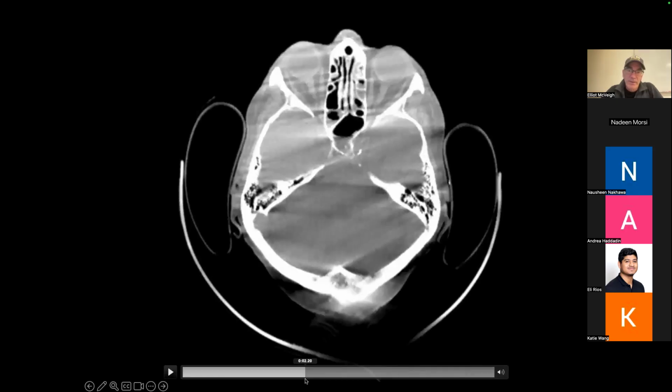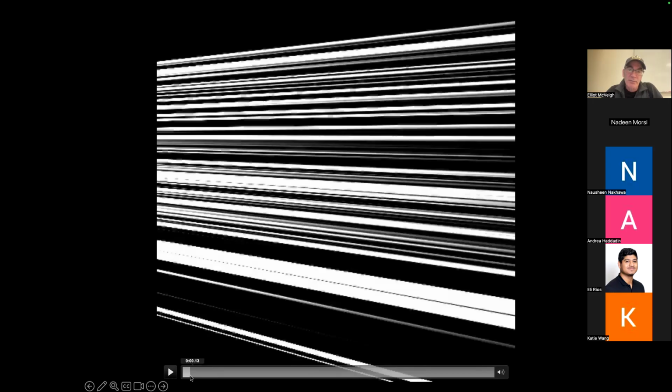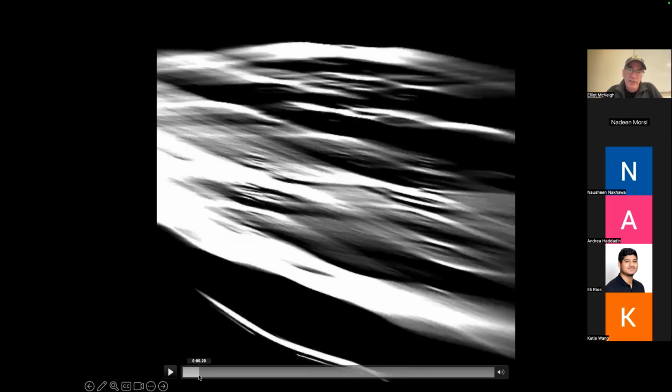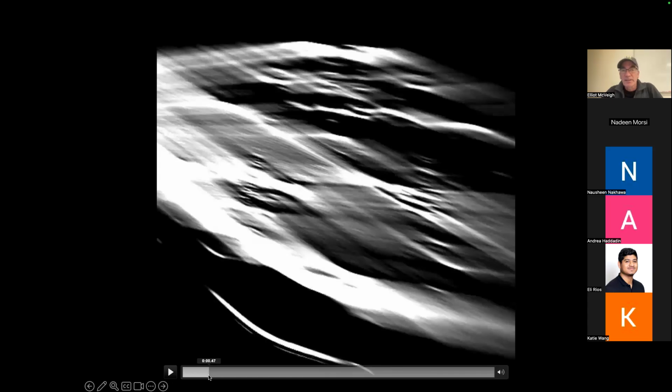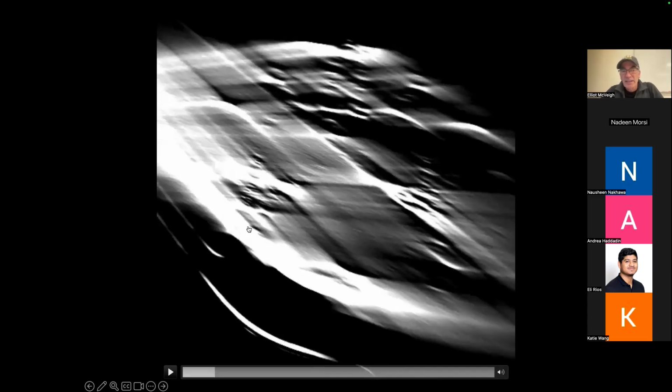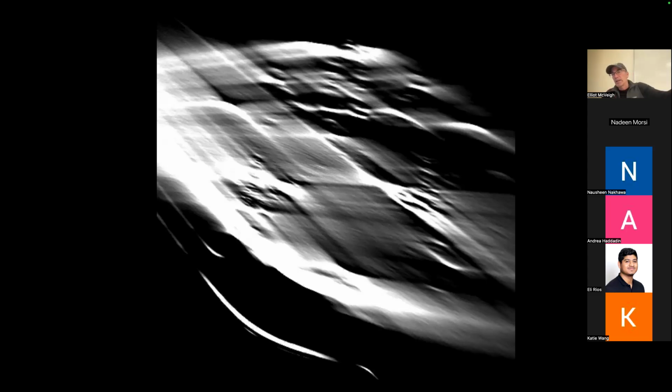So we have initially that projection plus another one, plus another one, plus another one. And you can see this edge is well resolved because all of these projections are going down this way. Edges up here are not resolved at all because we don't know yet.